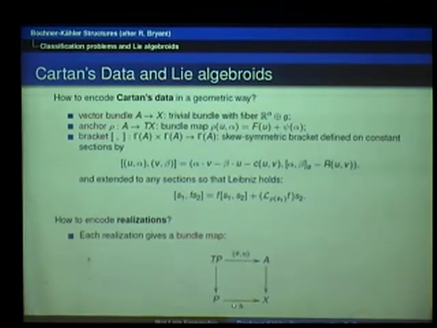And this covers the map H that I have from P to X, the invariant in the end. Okay, so each realization is now encoded as such a bundle map. All right, so I have encoded this data, I have this realization, I think of it as such a bundle map.